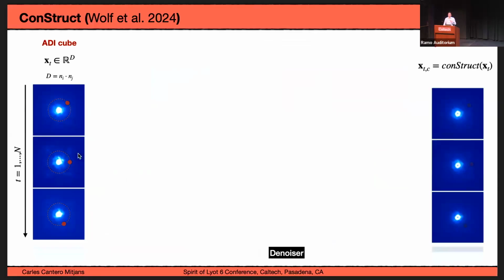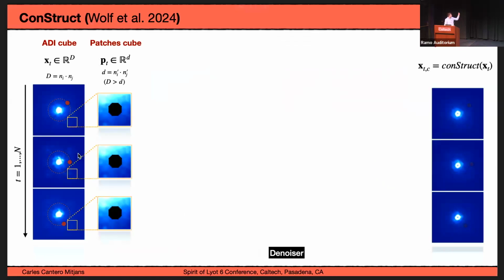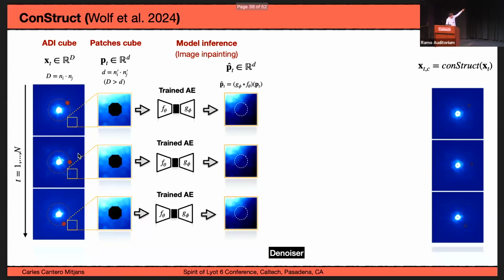So when the autoencoder is trained, how do we do this denoising? How do we do the inference part? Again, here we have our cube, and we select patches. We mask the patches in all the temporal cube. These are the patches that are the input of the autoencoder, and the autoencoder is just filling the patches based on what it has learned about the speckle noise.